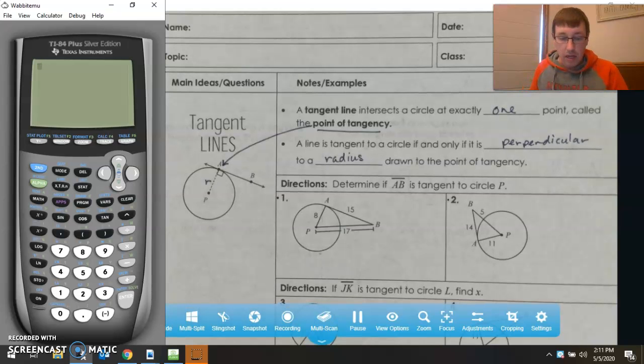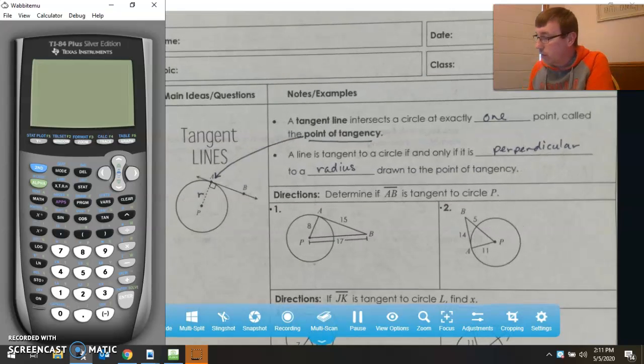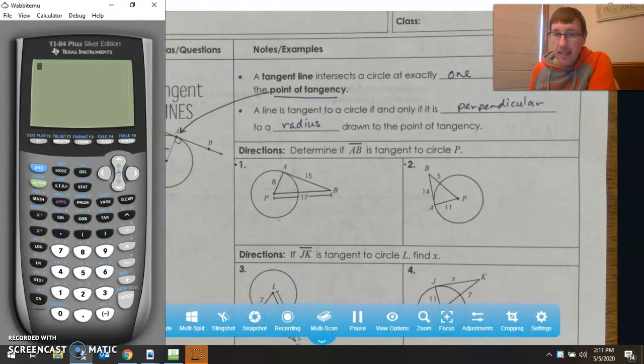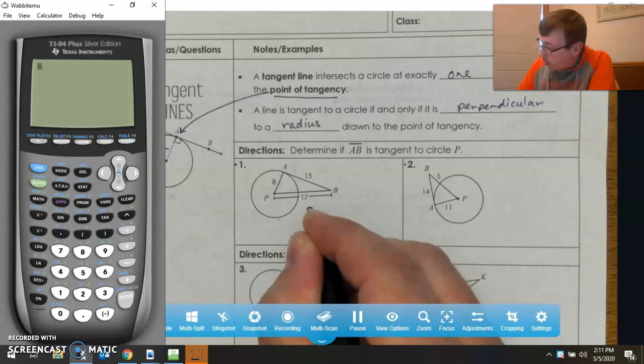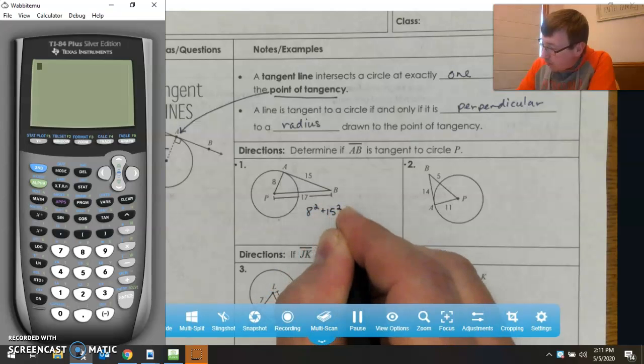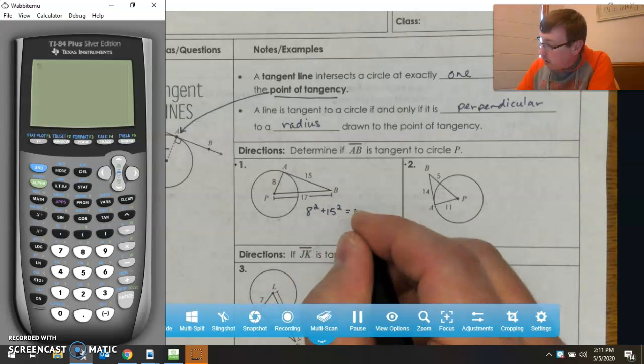Okay. Now some examples that we're going to go through here. We're going to go through numbers 1 and 2. Should make it nice and easy. We need to determine if AB is tangent to circle P. So the way we're going to do that, we're going to go 8 squared plus 15 squared, and does that equal 17 squared?